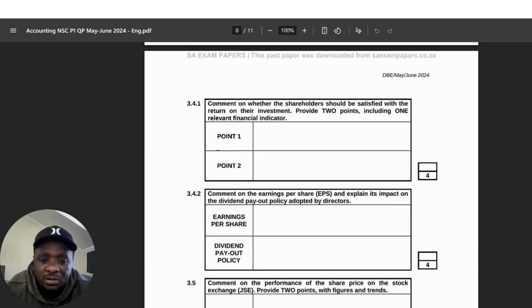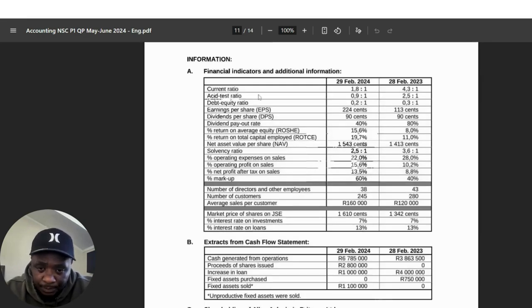Okay, so if you are happy as a shareholder or not, you basically need to be looking at, well, how did it improve from the previous year? And then the other thing you need to look at, well, the interest rate that you would get on other investments. So let's make our first point. We're going to make the first point based on the previous year, and then we make our second point based on the interest on other investments.